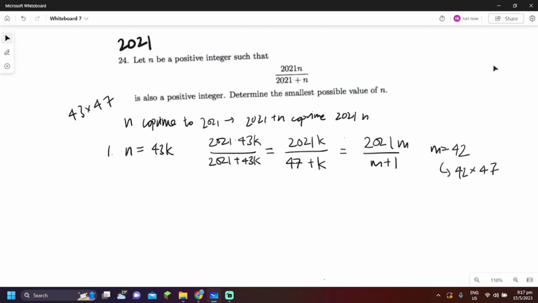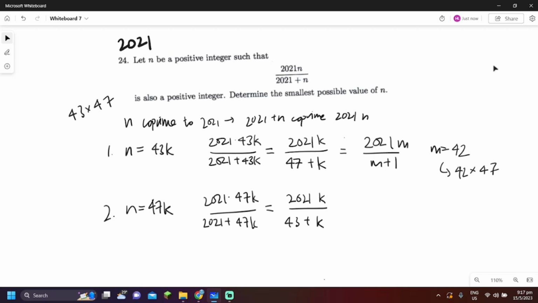So then the other case to consider is n equals 47k. Here we have 2021 times 47k over 2021 plus 47k, and dividing both sides by 47, we get 2021k over 43 plus k. Here the difference is that 43 plus k can divide into 2021 much more easily because we have the factor 43. So we can simply set k equals 4.